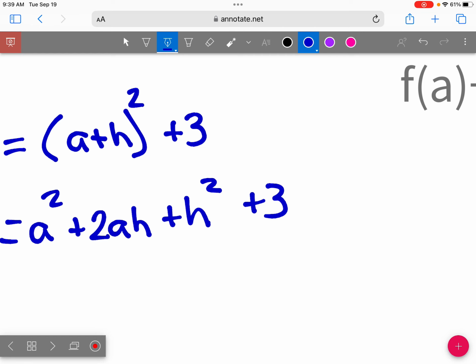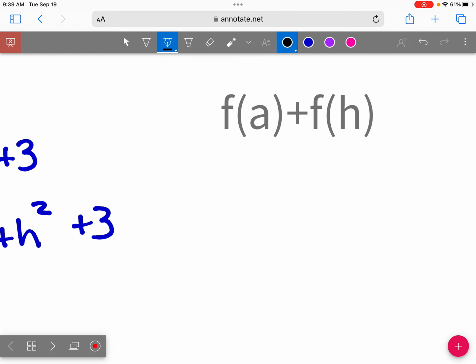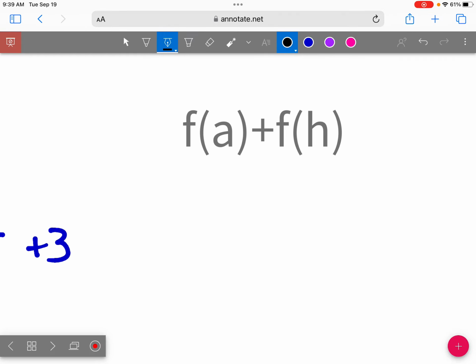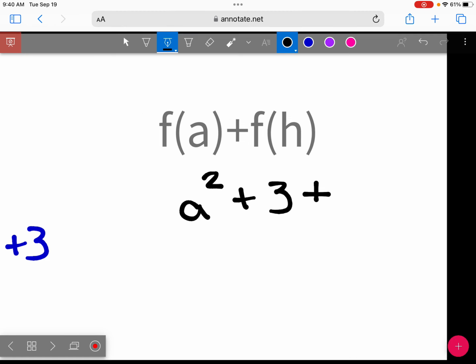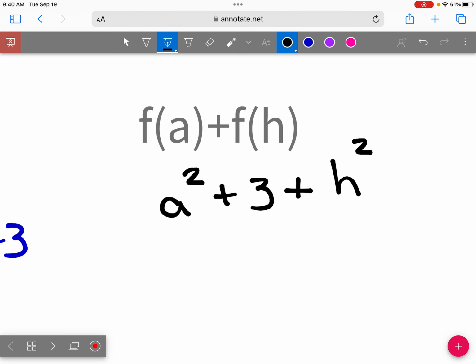It's different than f of a plus f of h. f of a plus f of h means we do each one individually. We're going to do our a squared plus 3 plus h squared plus 3.